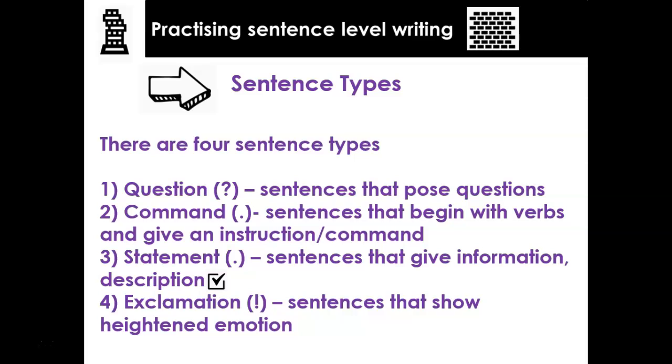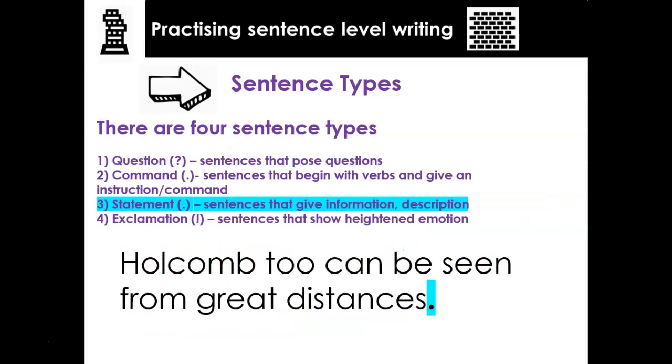So we have seen these sentence types before. So we have probably written in our description so far mainly statements. So we have used sentences that give information and description. But we can intentionally also plan to create a bit of variety by trying to maybe use questions, commands, and exclamations. So just as a quick recap, let's have a look at this statement.